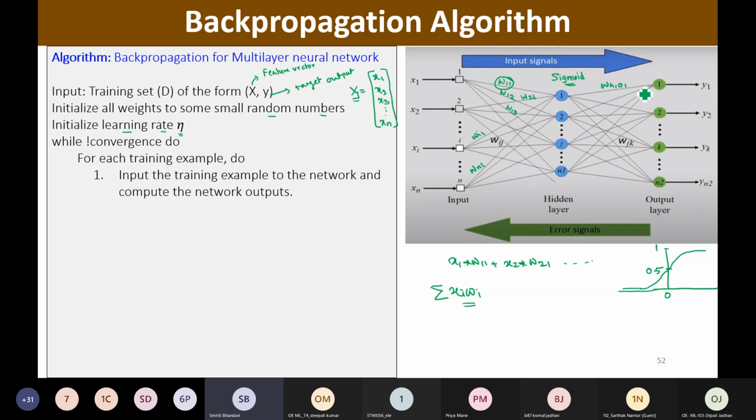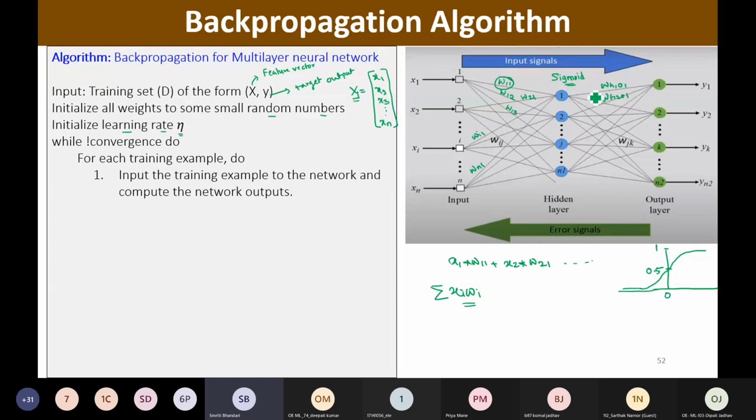This is the second hidden neuron, and this link carries the weight, say, WH2O1 and so on. Just for understanding, I am abbreviating like this. So these are the weights associated with these links.